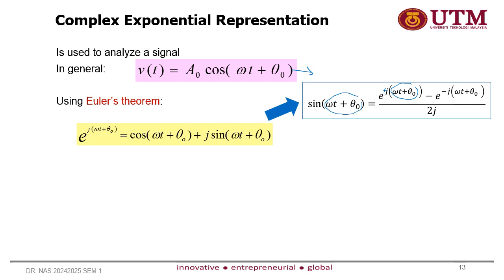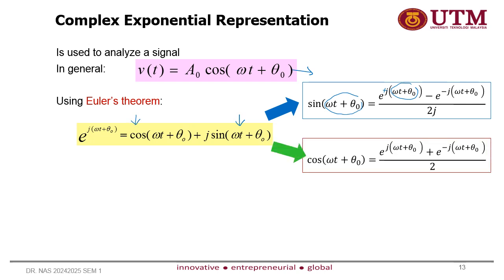This is derived from Euler's theorem. For the cosine function, it is equivalent to e to the positive j of whatever is inside the bracket plus e to the negative j of whatever is inside the bracket, divided by 2. So the difference between sine and cosine is that you have a negative for sine but positive for cosine, and sine is divided by 2j while cosine is divided by 2.